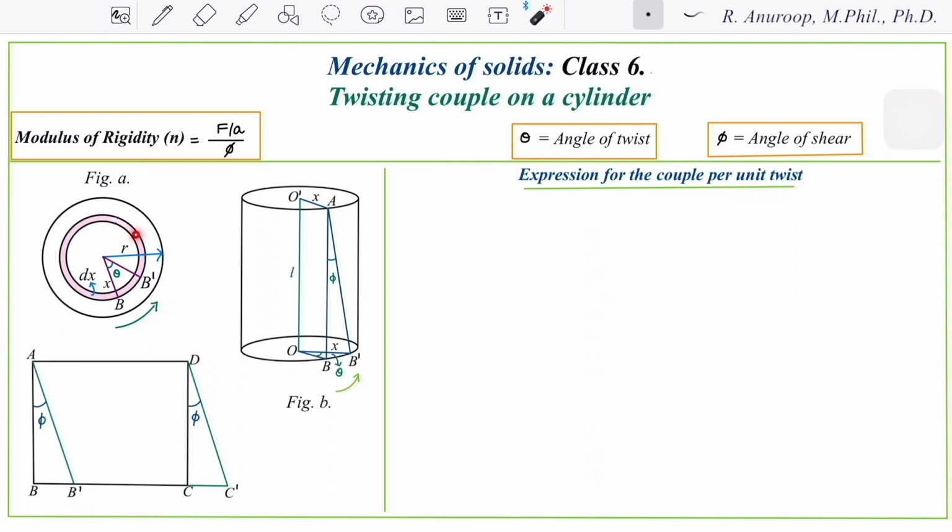The side view of the cylinder having radius x is shown in figure B. The cross-sectional view is shown in figure A. Here the thickness of the cylindrical shell is dx.